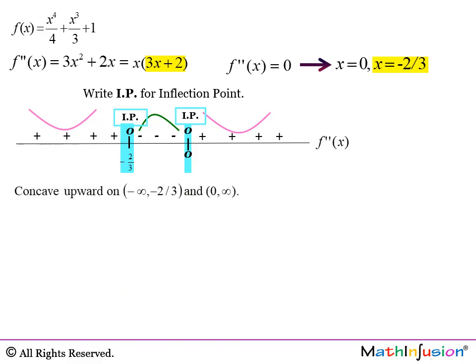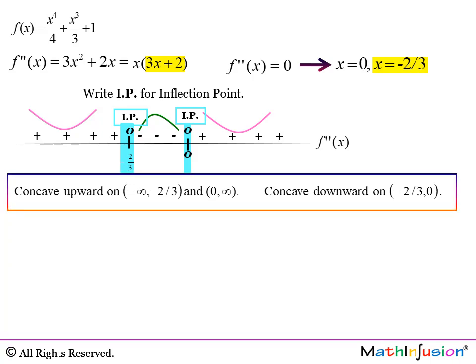We summarize that it is concave upward on the intervals negative infinity to negative 2/3, and 0 to infinity. It is concave downward on the interval between negative 2/3 and 0. We can also conclude that there are two inflection points. Be careful. An inflection point is a whole point. In the analysis, we only have the x-coordinate.